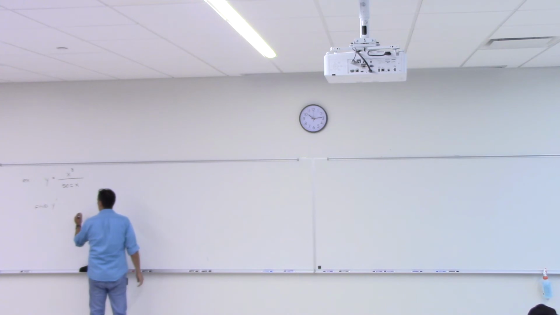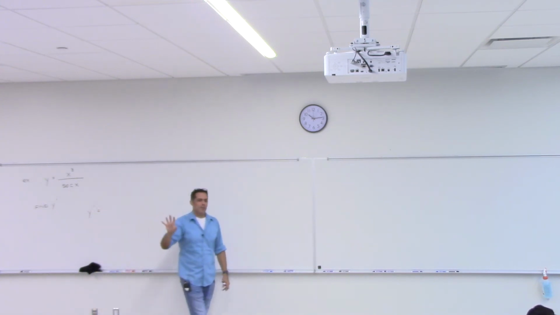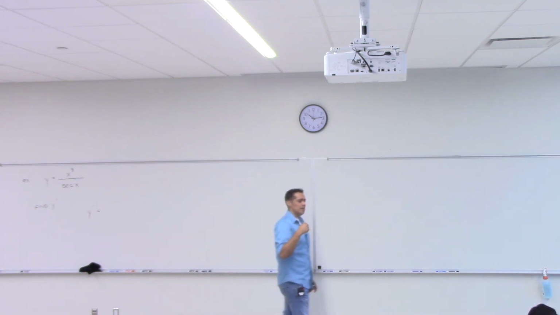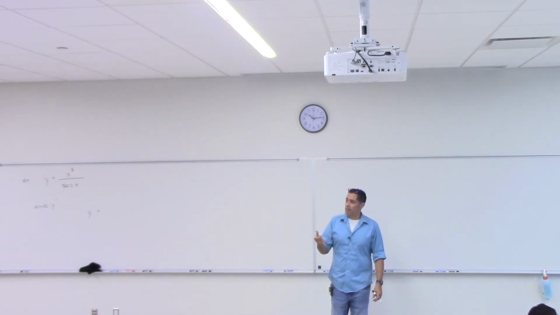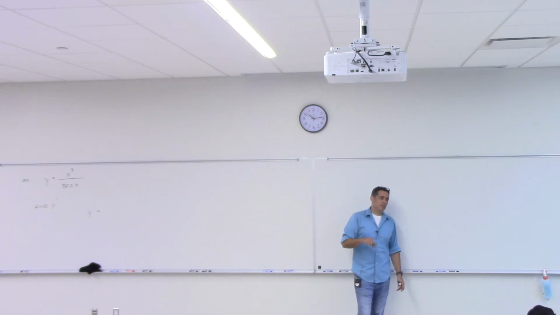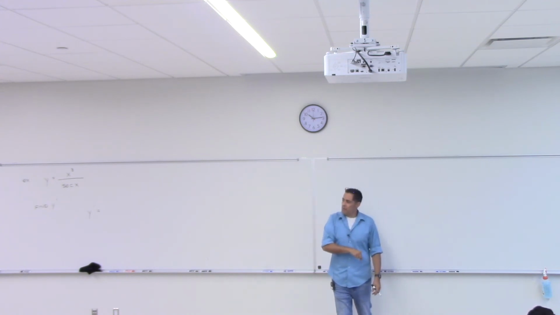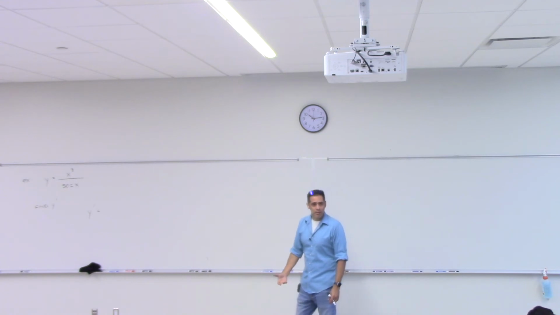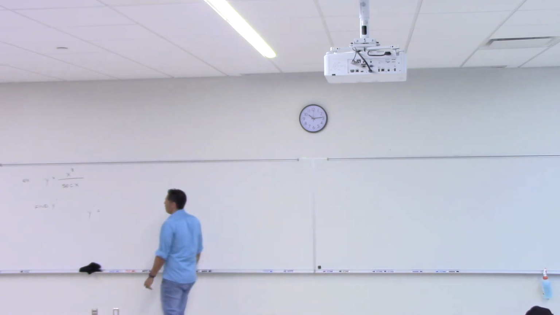Okay, so to do y prime, I'm not even going to think about the formula, I'm going to think more about the process. I'm going to take the derivative of the top times the bottom, minus the derivative of the bottom times the top, all over the bottom squared. So what's the derivative of the top?